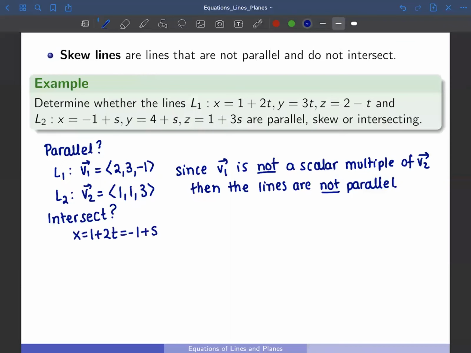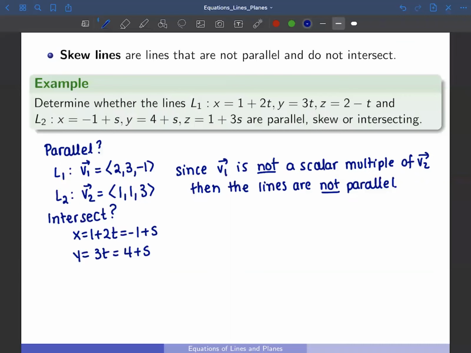This is the x of the line L2. And we have that y is equal to 3t, and this is equal to 4 plus s from the line L2. So we'll have to solve this system of two equations and then plug the values t and s into the z coordinates in order to find whether we find something that makes sense or not.